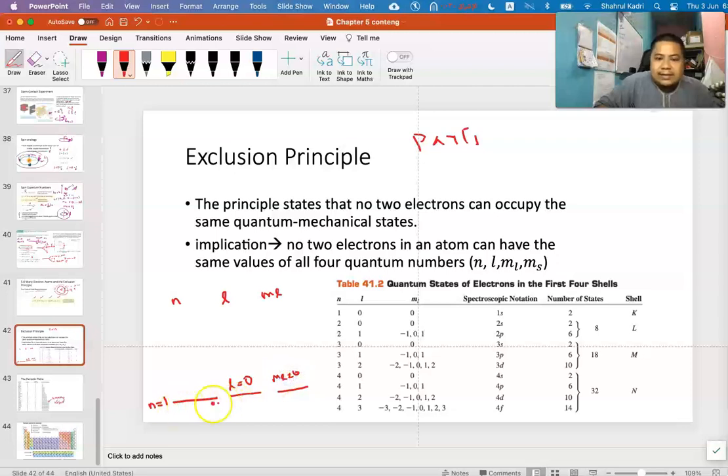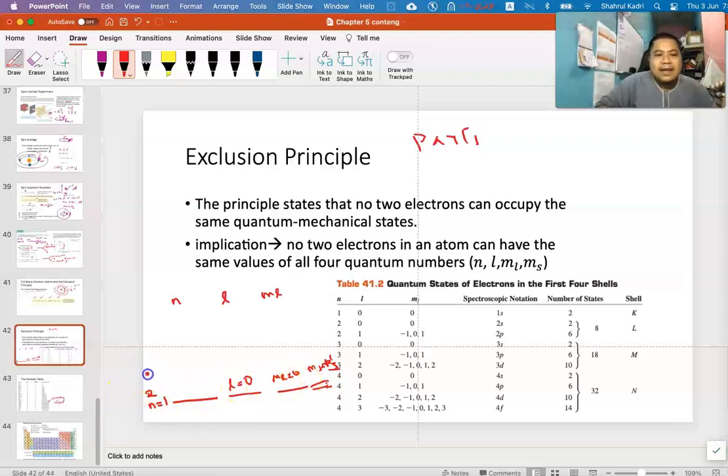In this level, only two spin quantum number states are allowed, plus half and minus half. So there are two spaces for electrons in this level, so only two electrons can occupy this energy level.